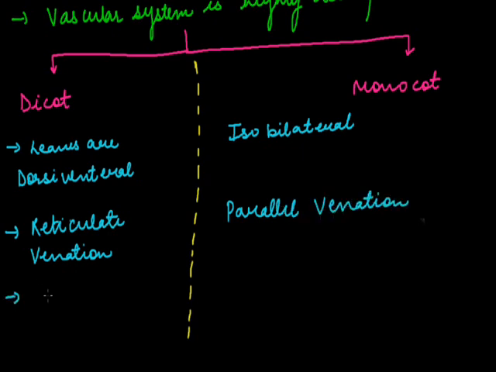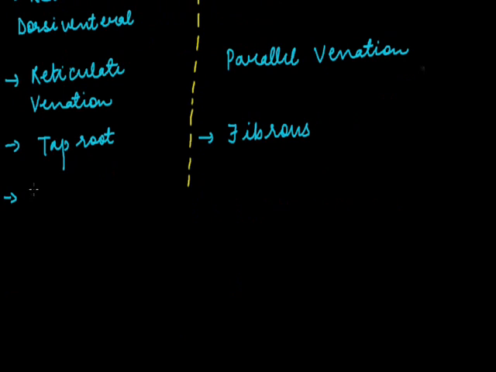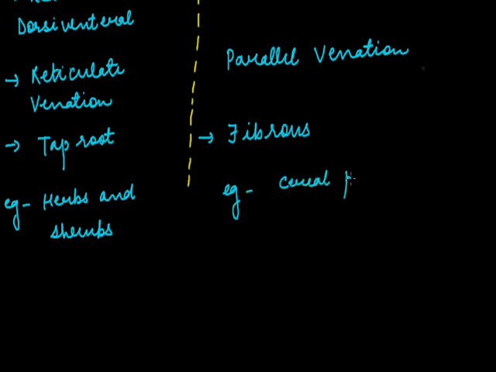In dicots, there is presence of taproot; in monocots, it is fibrous. The flower petals are either 5 or multiples of 5. The examples of the dicots are mainly herbs and shrubs, whereas monocots are mainly cereal plants.